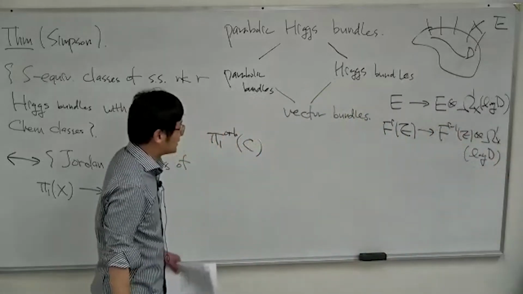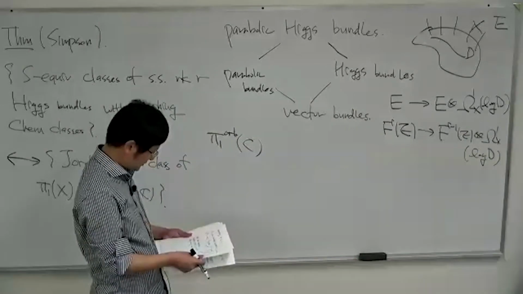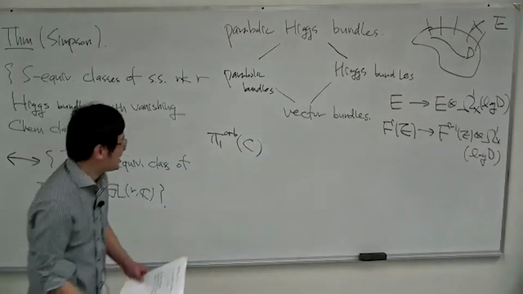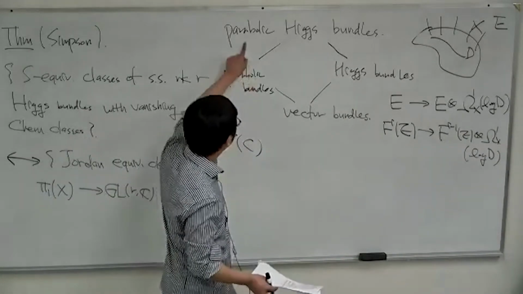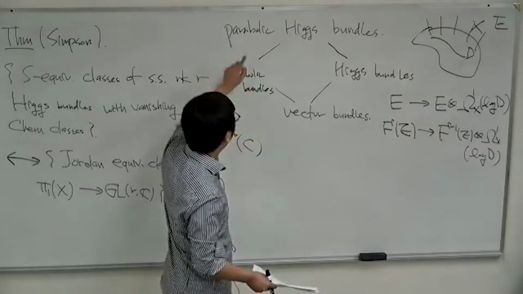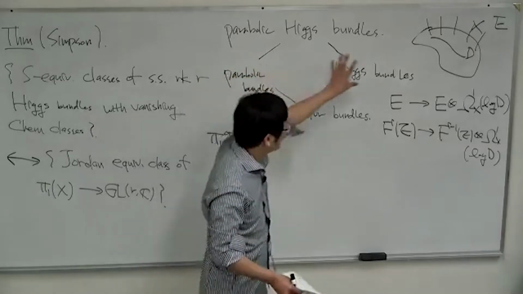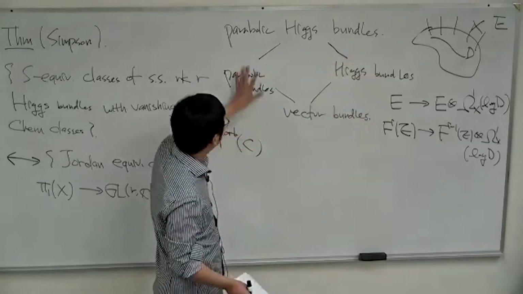So that's the definition. The question is how we can generalize these two notions of vector bundle to define a parabolic Higgs bundle.